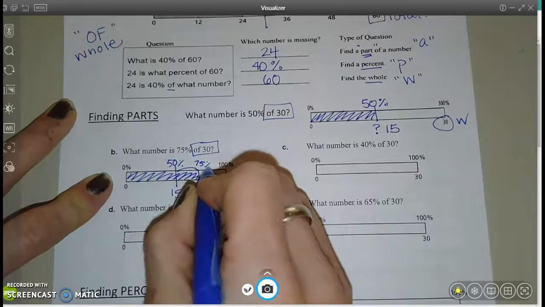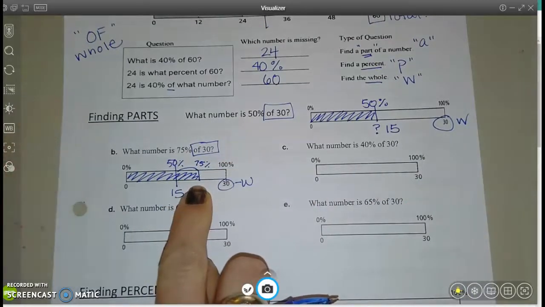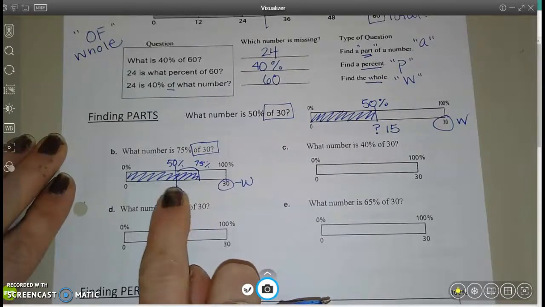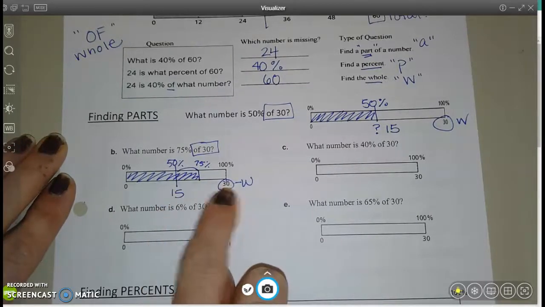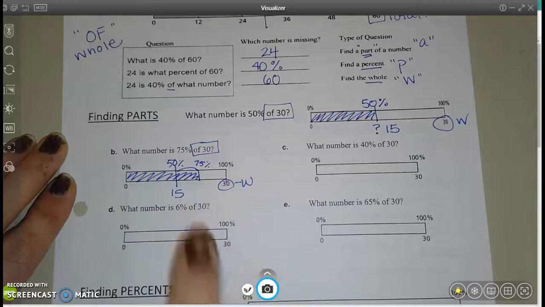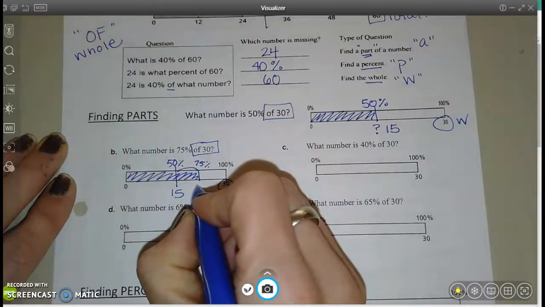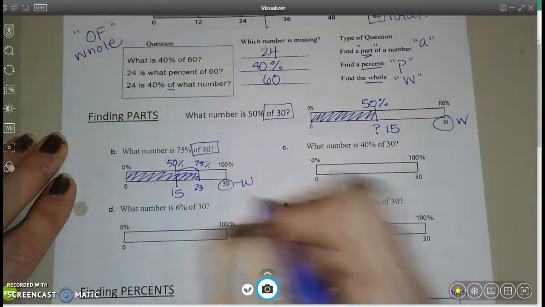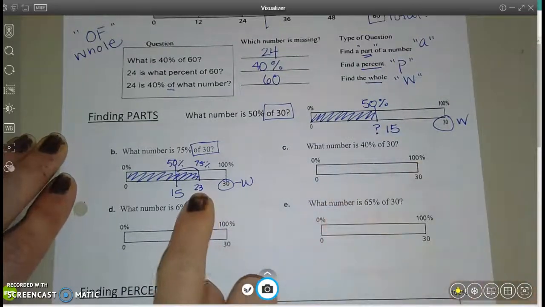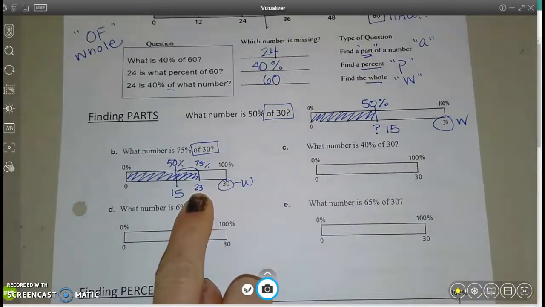Here's 75%. You might calculate it, or here we're just estimating. An estimate is fine. So what's right in the middle between 15 and 30? That would be right here at 75%. So something at 22, 23. An estimate is fine.